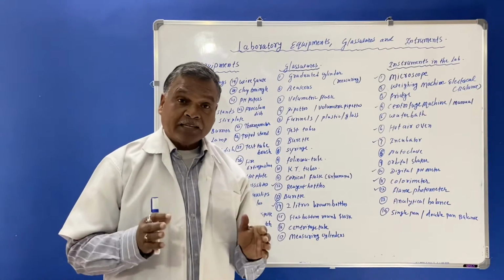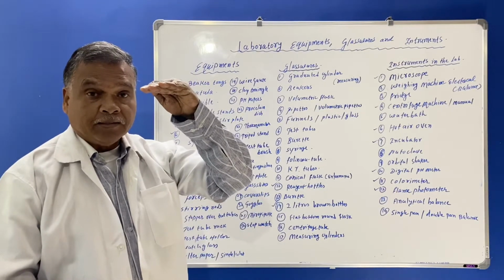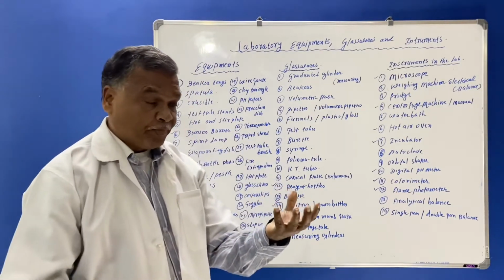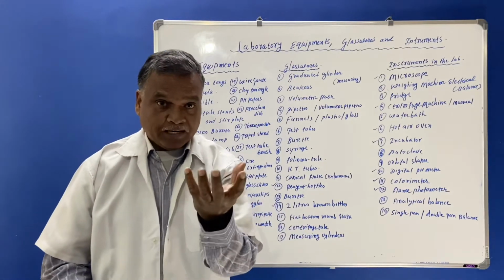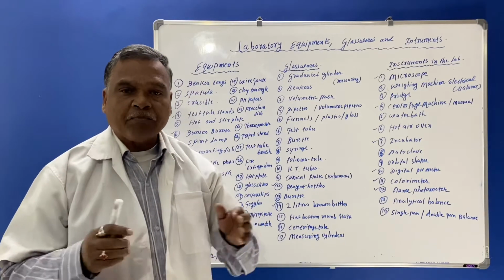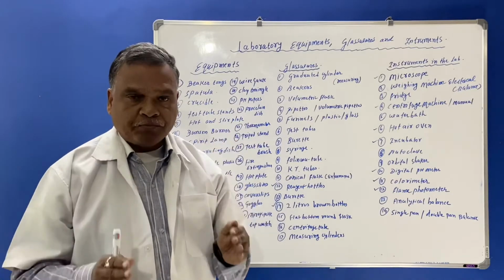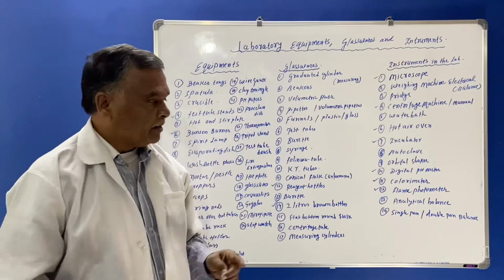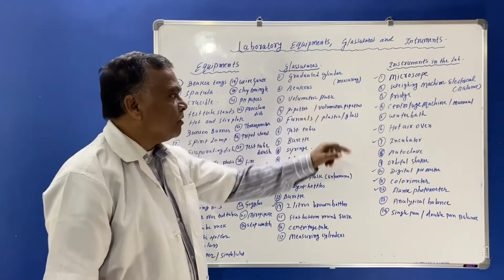These acids are kept in the 2 liter bottle, which is brown in color, and from this the concentrated acid is poured into a beaker of 500 ml. These beakers are made up of 1 liter also, 500 ml, 250 ml, 200 ml, and 100 ml.